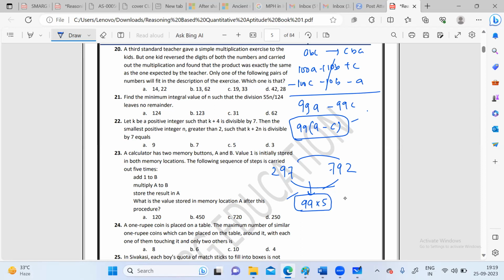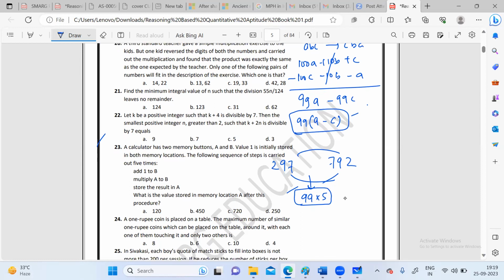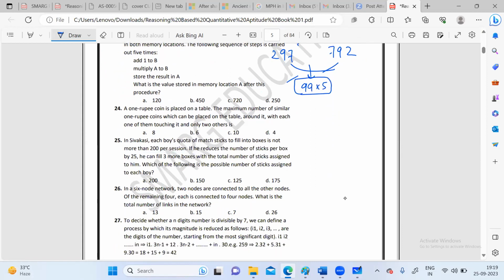Once you do this exercise, you'll find a number of questions based on this. You need not be in a hurry, because such questions are very rare, but the concept is used frequently. So you just need to remember the concept so that once you get a question of such type, you are able to solve it.